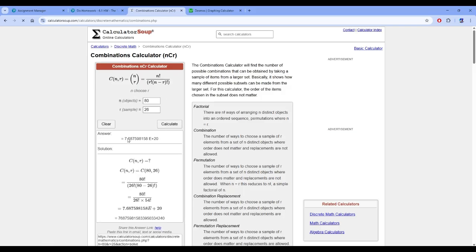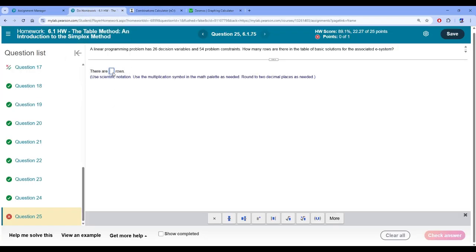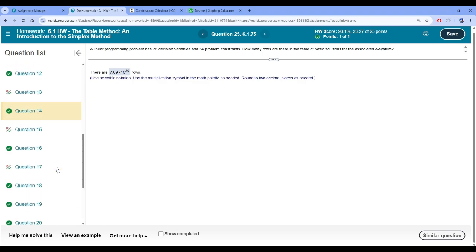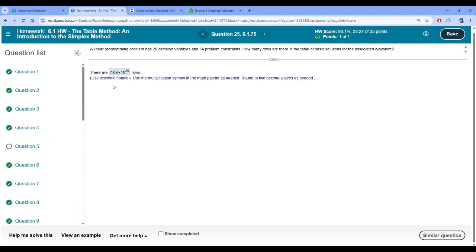My answer is 7.69 times 10 raised to the 20. All right, I think the Google calculator was wrong. I'm using a combination calculator and I got it right on the first try. That's all I need to know. All right, and that is 6.1, an introduction to the simplex method, which I do not think is simpler. All right, good luck.